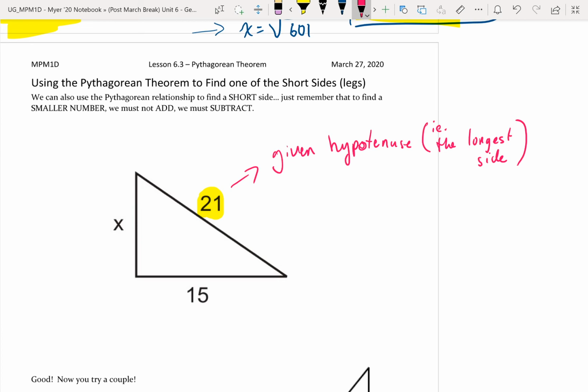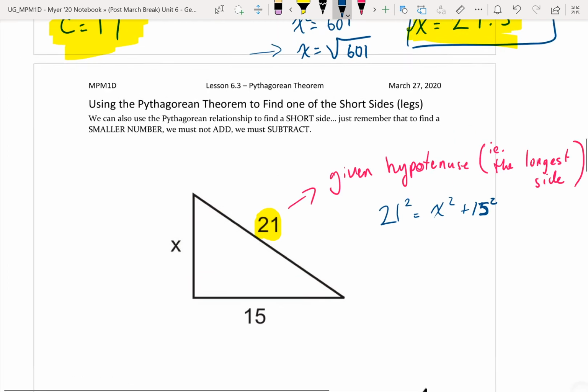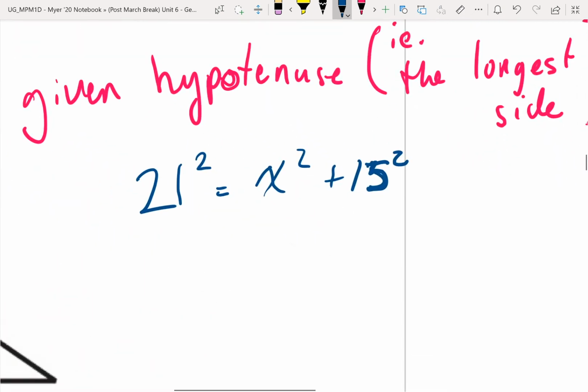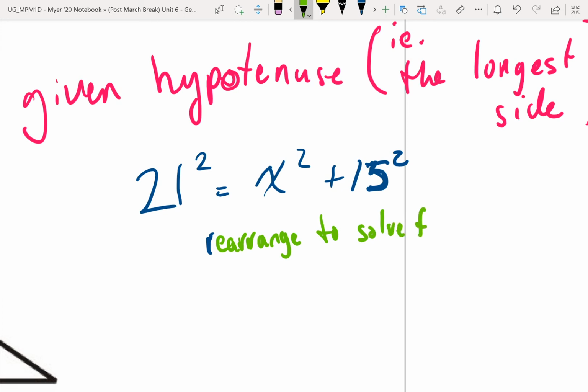So we have to rearrange our formula a little bit. For example, before it would have been 21 squared is equal to x squared plus 15 squared. Well, instead of adding the two together, we have to subtract to get to x squared, so I'm going to rearrange to solve for x squared.